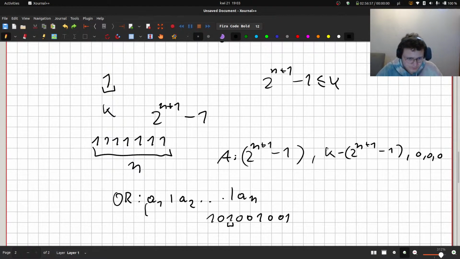And the observation is that we'll always want exactly one number to have this bit set to 1, because it gives us the smallest sum. So we can say that one number has all of the bits set in the OR, right?